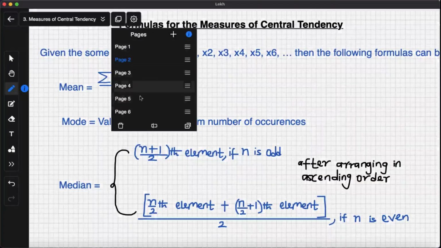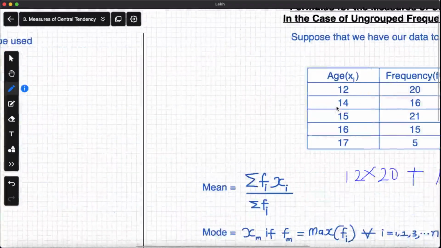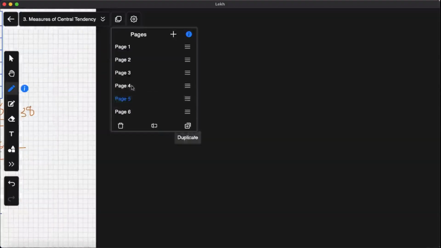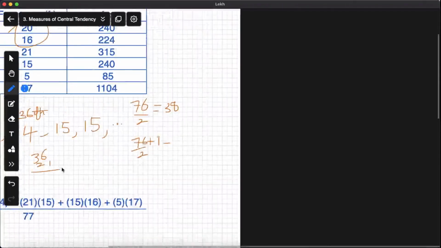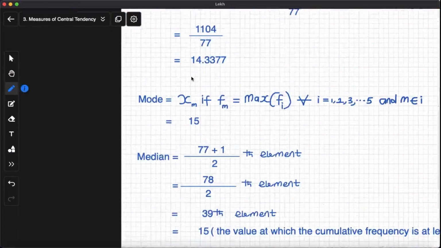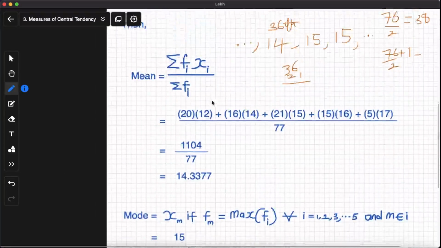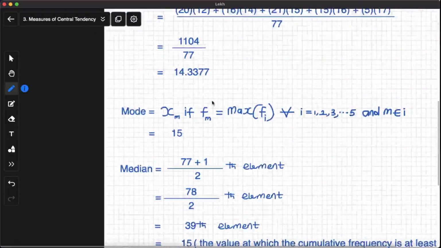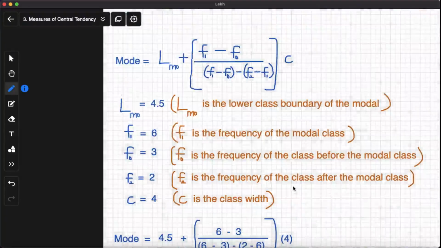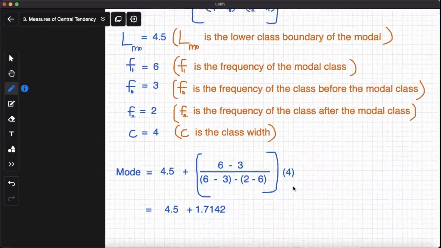It applies to your grouped frequency distribution as well as your ungrouped frequency distribution.